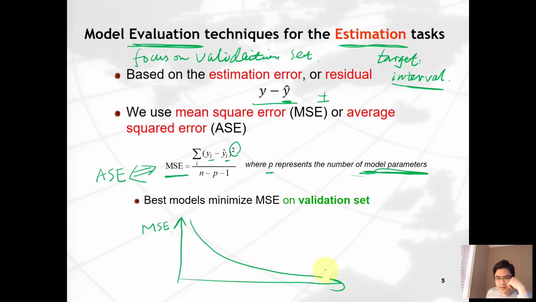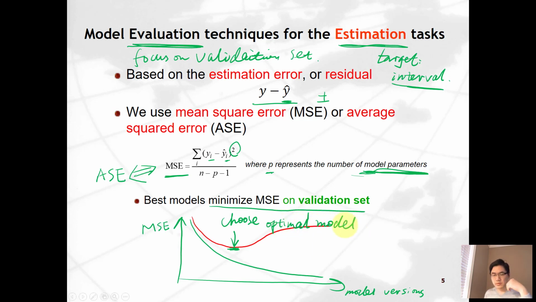If you have the training set performance of various model versions as a line, and you also have the validation set line, you should choose the model that minimizes the error term on the validation set performance, and disregard the training set performance as long as you have the two divergent lines. And this is the model to choose. Alright, so this is for the estimation tasks.